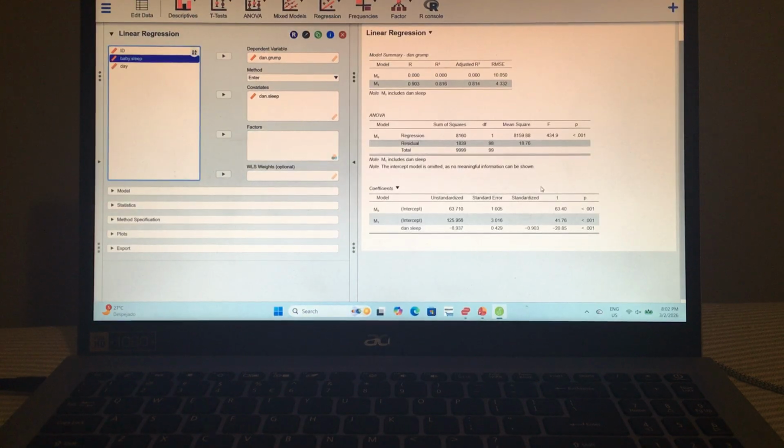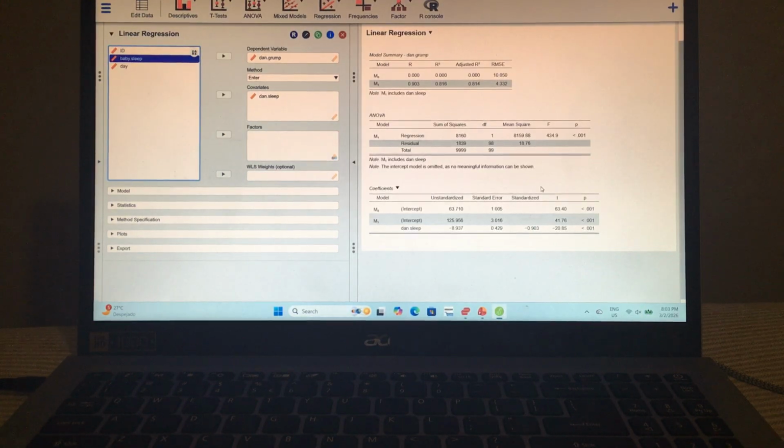What we want is to look at the data under coefficients for M subscript 1. This model includes the y-intercept, and it includes our independent variable.